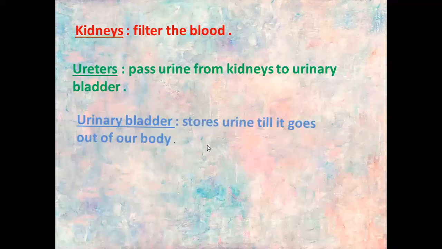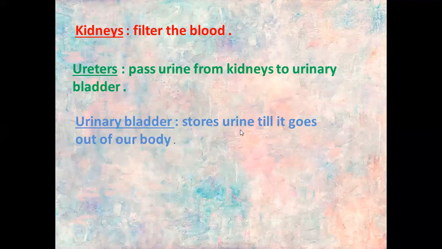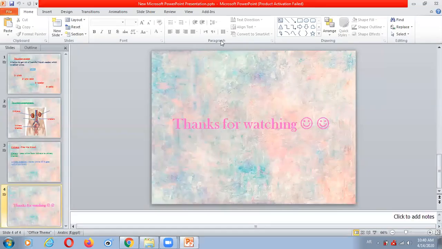And what is the job of the urinary bladder? The urinary bladder stores urine inside it till it goes out of our body. This is the last part of the urinary system. So now that's all about the urinary system.